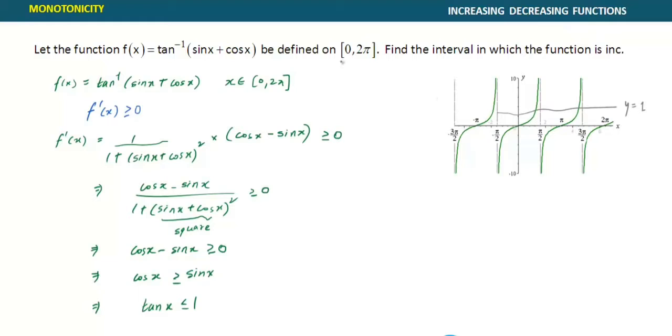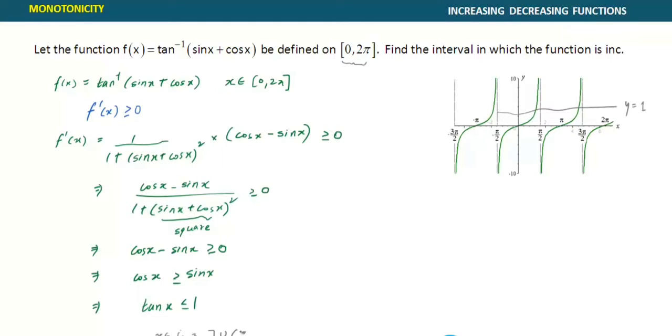You have to check from 0 to 2 pi, and you see that from 0 to this point of intersection, which will be pi by 4, so your answer should be something similar to 0 to pi by 4, right? Union, then you will say, sir, again from what? Pi by 2 to this point, which will be 5 pi by 4, the next point.